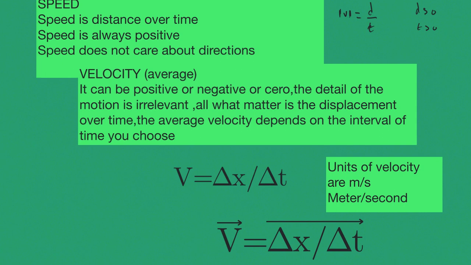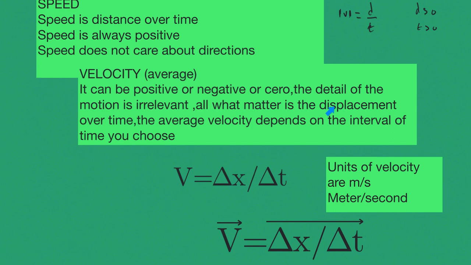So as a conclusion, we know that the speed is distance over time. The distance is always positive, and the time is always positive, so the speed is a quantity that is always positive. Speed doesn't care about direction. Now with velocity, the average velocity can be positive, can be zero, or can be negative. And the detail of the motion is irrelevant.